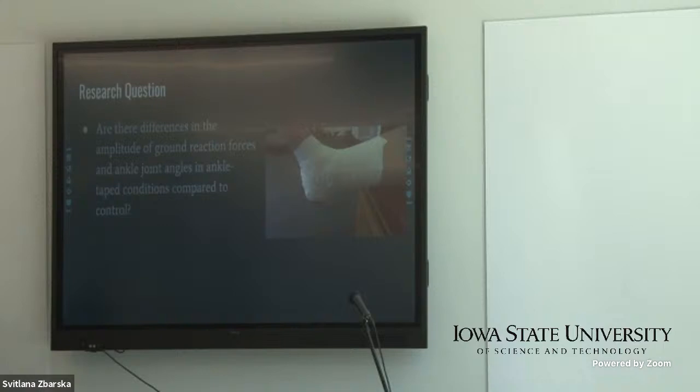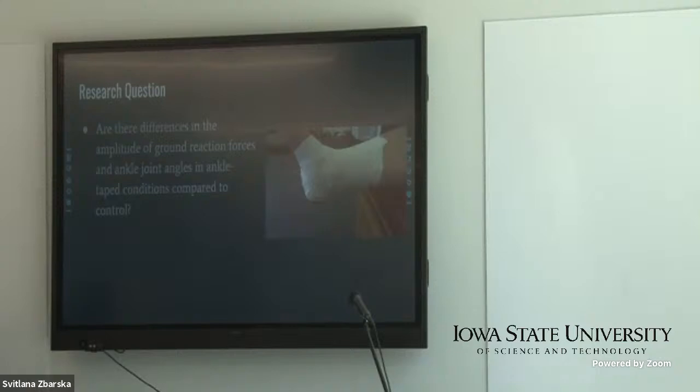So traditional athletic tape is used to limit the range of motion around particular muscles or joints to aid in support and stability during activities. It can be used for a variety of reasons, such as reducing the risk of injury, aiding recovery, or potentially reducing pain. So my research question is to determine if there are differences in the amplitude of ground reaction forces or differences in ankle joint angles during directional jump landing tasks in ankle taped conditions versus no tape conditions.